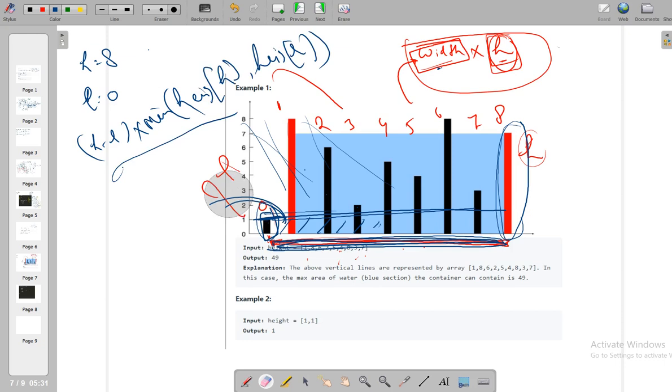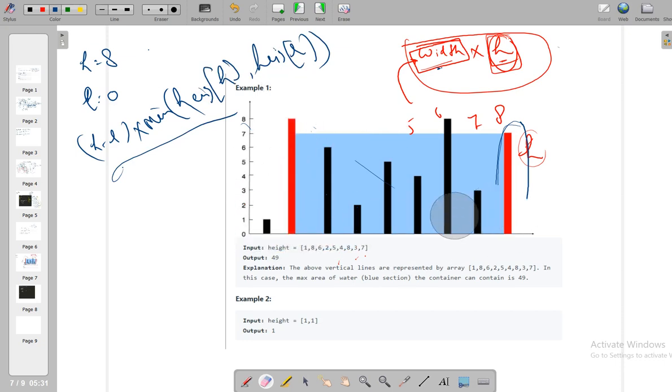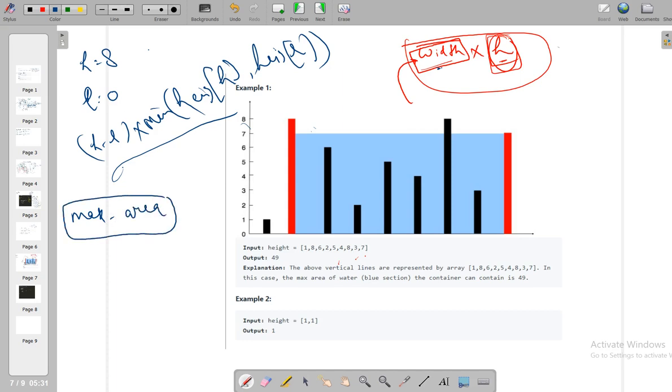Now, we have not yet got the maximum area, and we will also keep a variable, let's say max area, which we will update. We'll find the possible areas that can maximize your area. We will keep on calculating the areas, and we will update this max area variable.